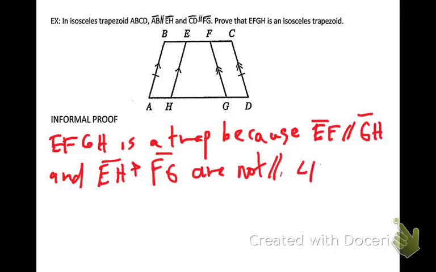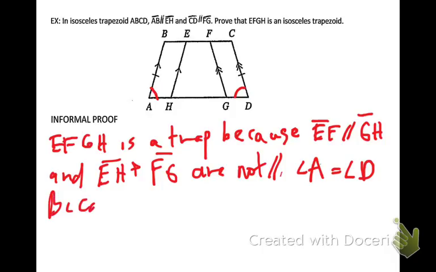Angle A is equal to angle D. We know that because it's an isosceles trapezoid.